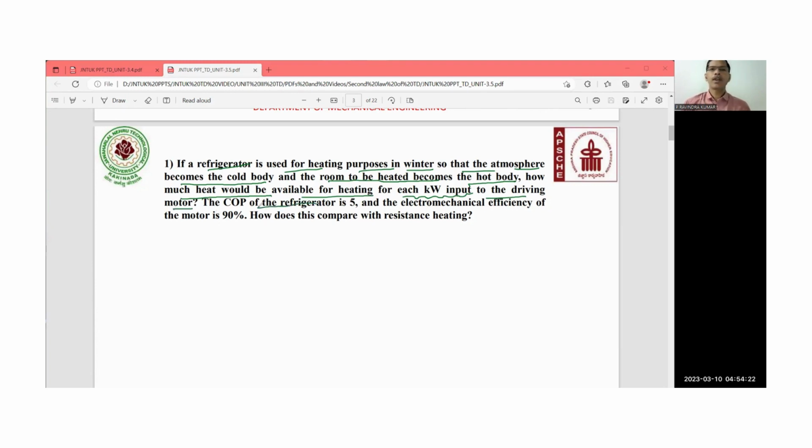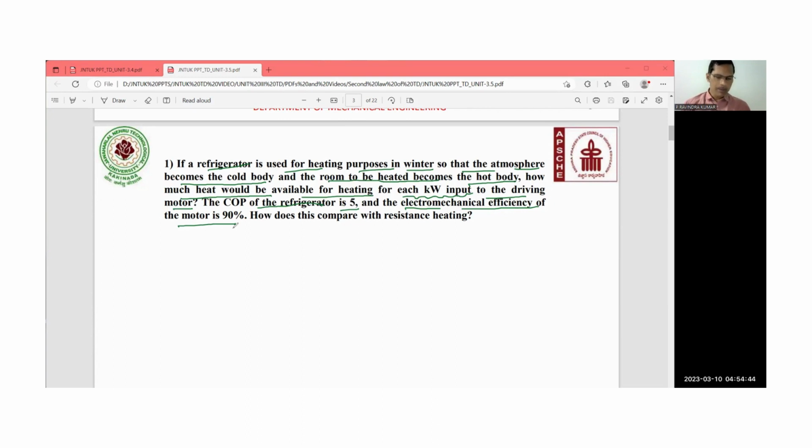If the COP of the refrigerator is given as 5 and the electromechanical efficiency of the motor is 90%, how does this compare with the resistance heating? Clear?